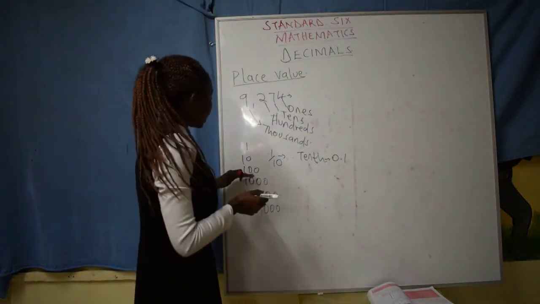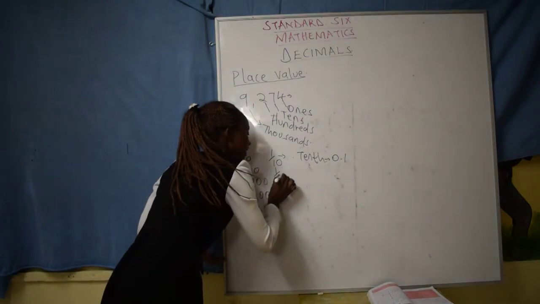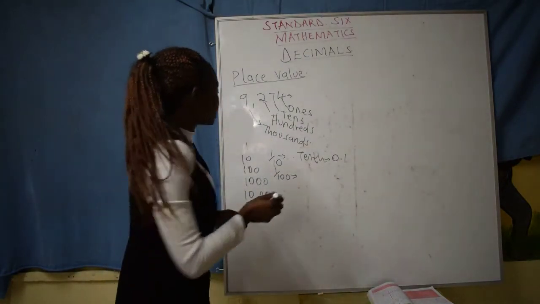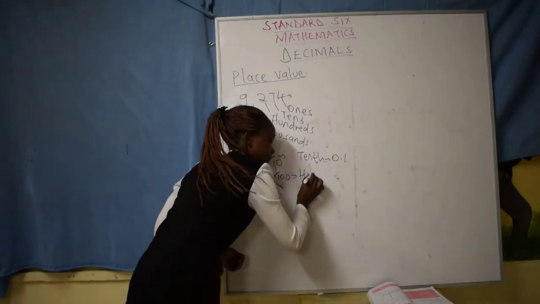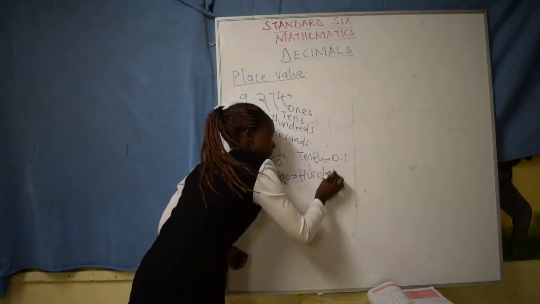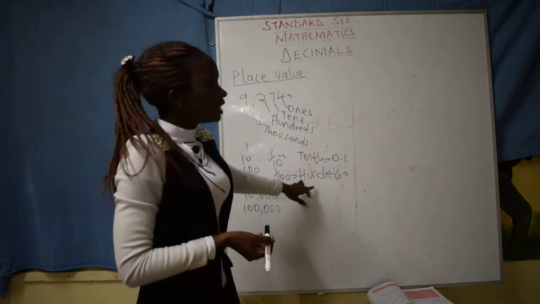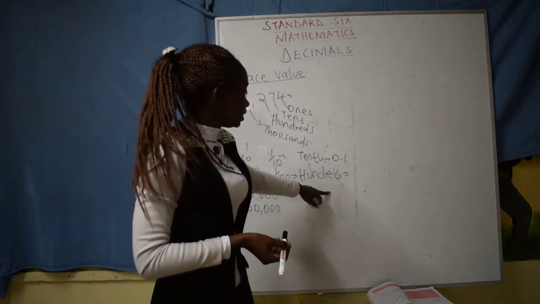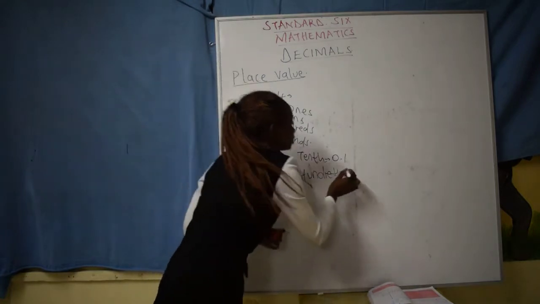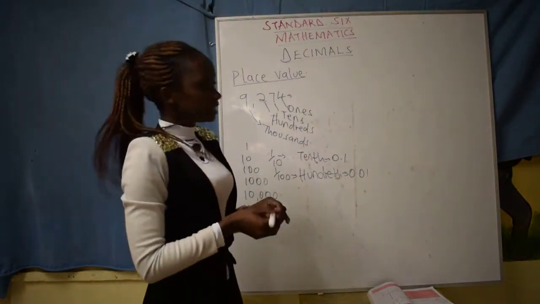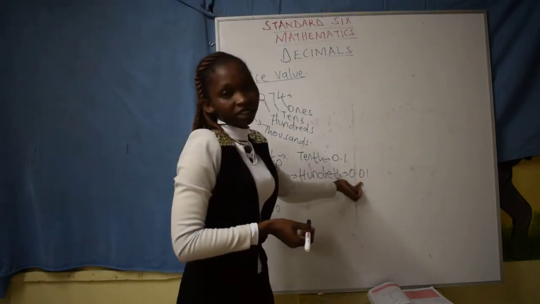Then we go to the next, which is 1 over 100. 1 over 100 is read as a hundredth, with a th at the end. Therefore, a hundredth as a decimal is 0.01. It has 2 place values after the decimal point.